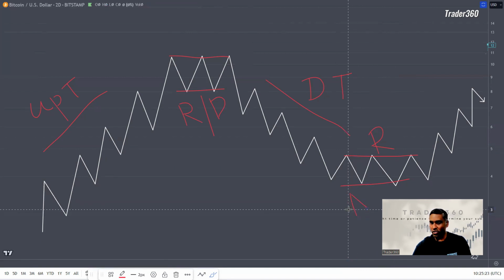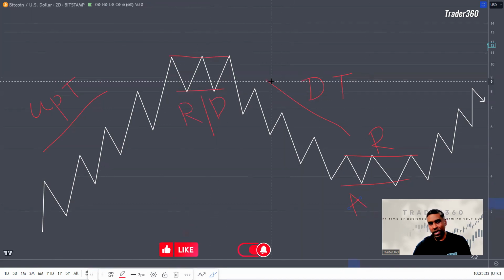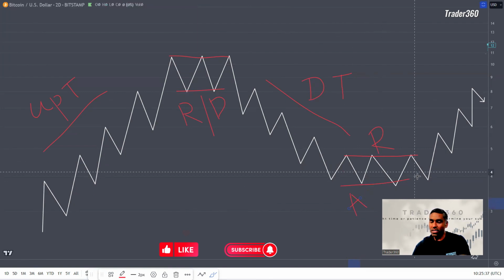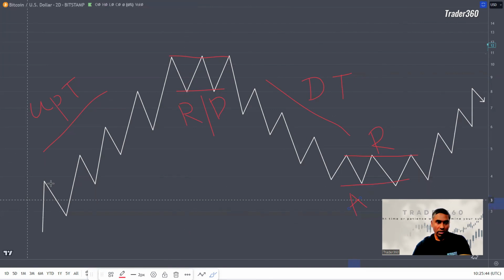Yes, accumulation. So when there is an uptrend and there is a pause and a downward move starts, that is a distribution. And when there is a downtrend and there is a pause and an up move starts, that is called an accumulation.